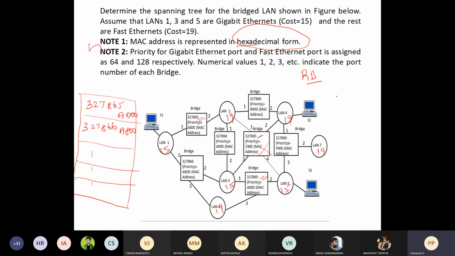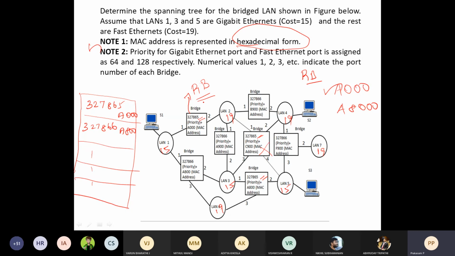If you compare A000 and A8000, A000 is the lowest value because after A the next digit is 0. So 32786 5 A000 is the root bridge. Definitely in the examinations, we will ask problems mostly like this.